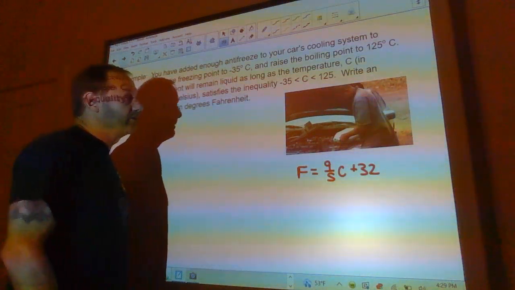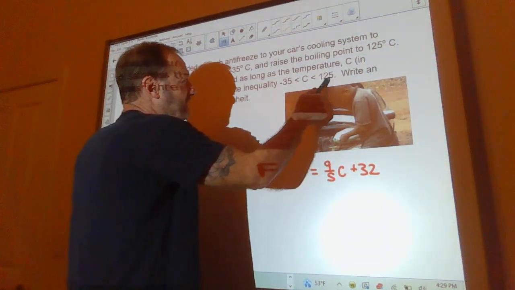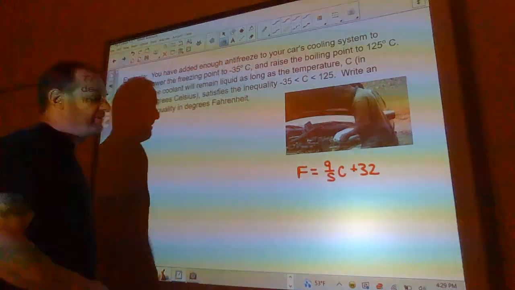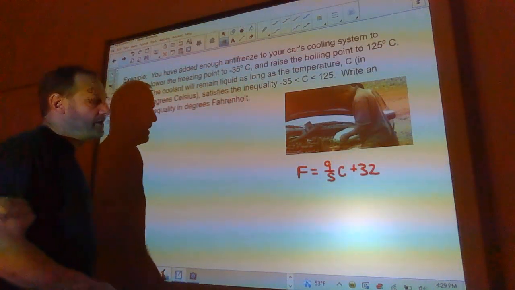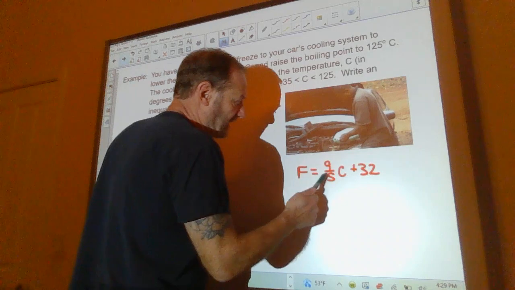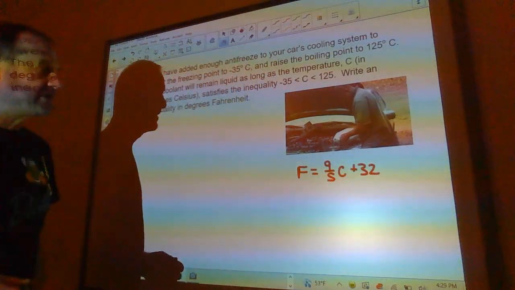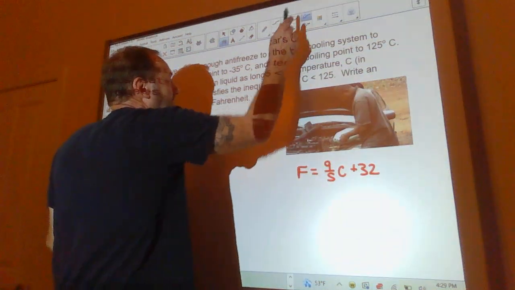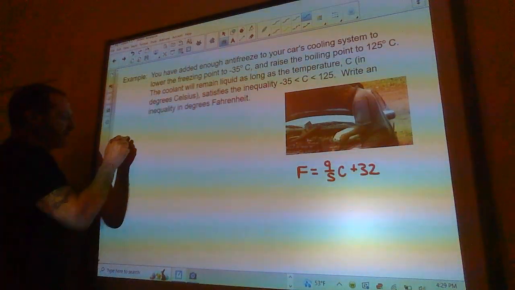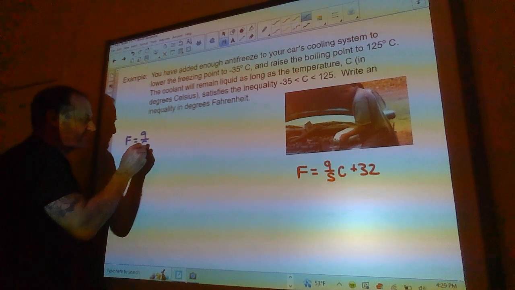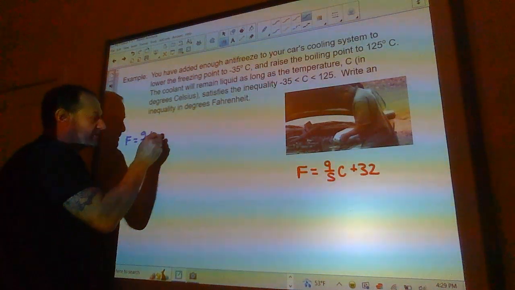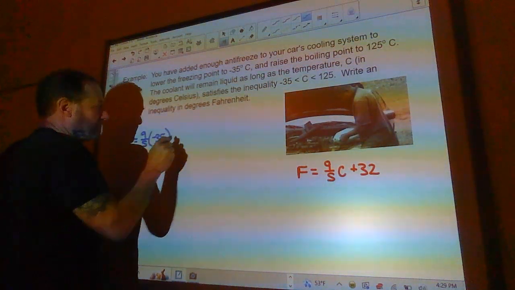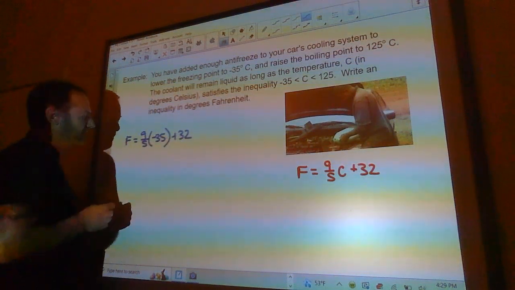So the first thing we need to do, we need to convert these to Fahrenheit. So there's an equation, Fahrenheit equals 9/5 Celsius plus 32. So we're just going to take these two numbers and plug them in here. So Fahrenheit equals 9/5 times -35 plus 32. And we're going to go ahead and solve that.